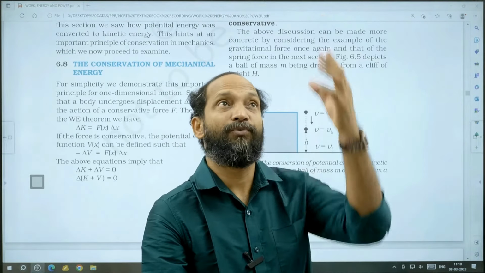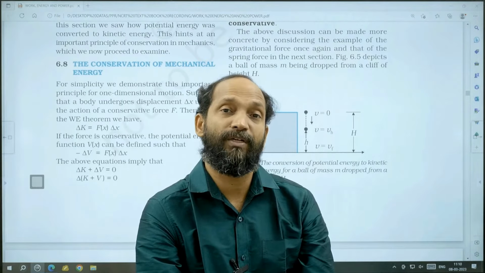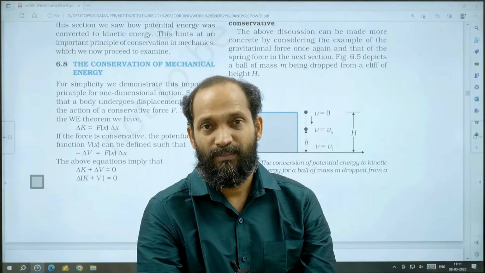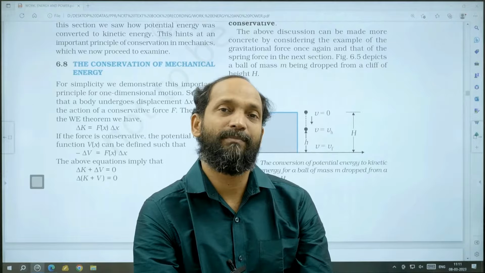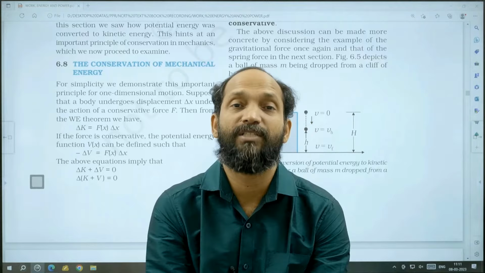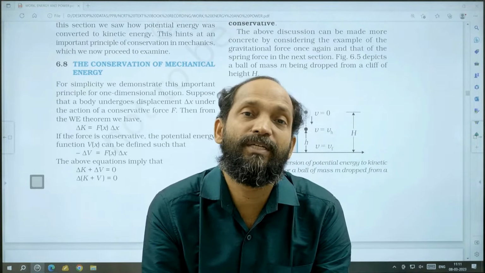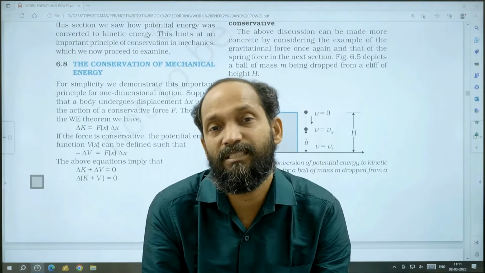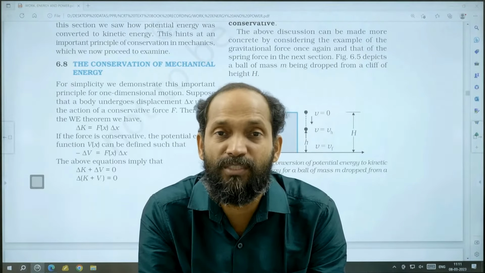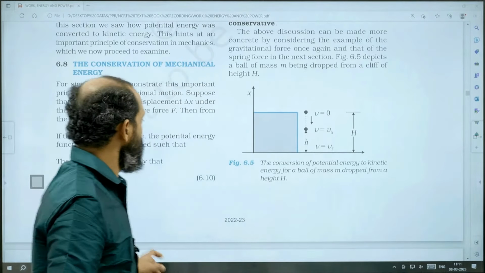If ice falls from some height, some part of the potential energy of that mass of ice is used for changing the state of ice, for melting, and some part may be used for increasing the temperature of that ice if it was at a negative temperature initially. In all such cases, we use conservation of mechanical energy. In the absence of non-conservative forces, mechanical energy, the sum of kinetic energy and potential energy, is a constant.